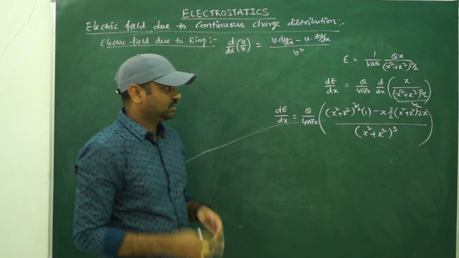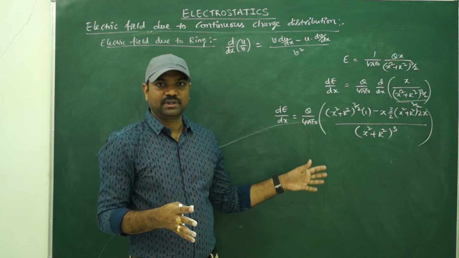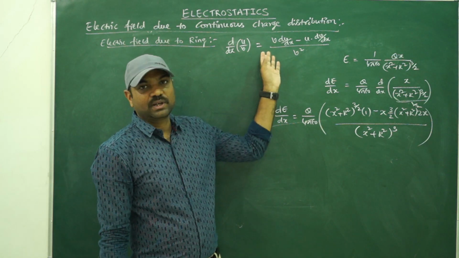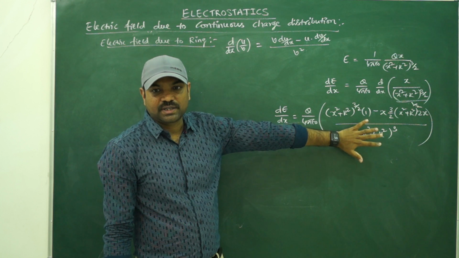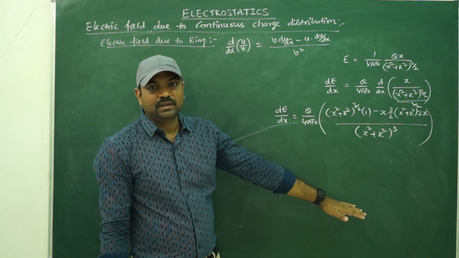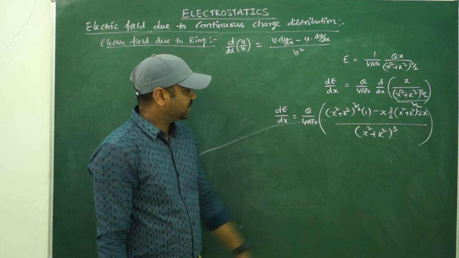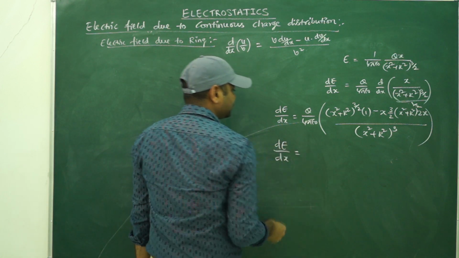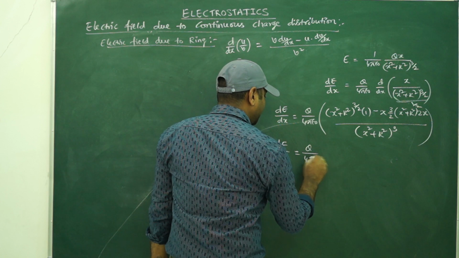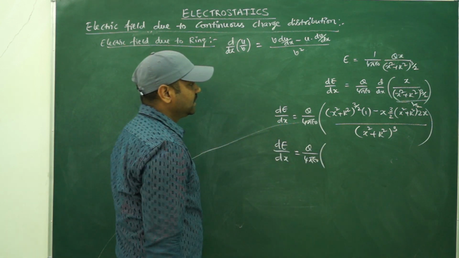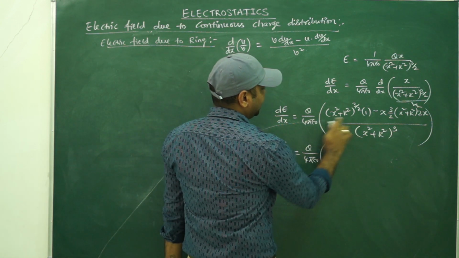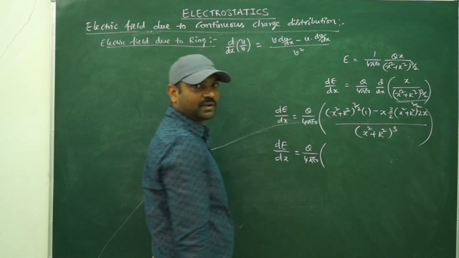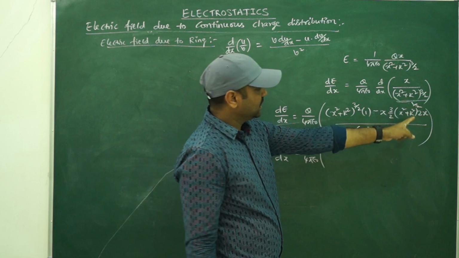Please, I suggest you solve this derivative part yourself. Use the u by v method, try to solve the same thing, and then we will get the answer. Then dE by dx is equal to q by 4 pi epsilon naught, and here (x square plus r square) raised to 3 by 2 is there, and here (x square plus r square) raised to 1 by 2, the root, is there.